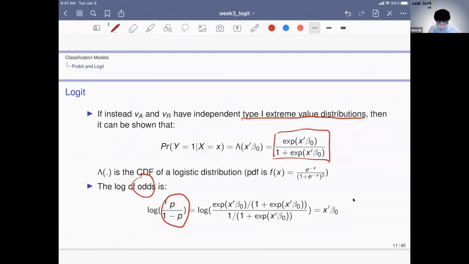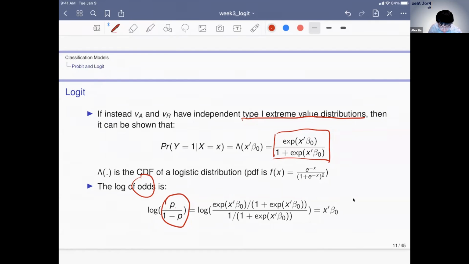When you say, for example, the odds of Trump winning the election is 3, it means the probability is like 75%. So you have the probability over 1 minus 75%, and that equals 3. So it's just another way to say probability.